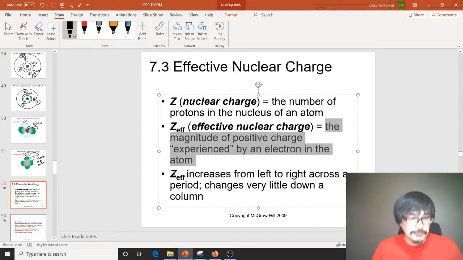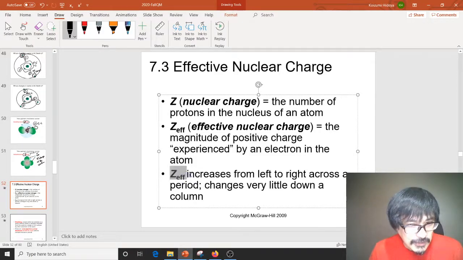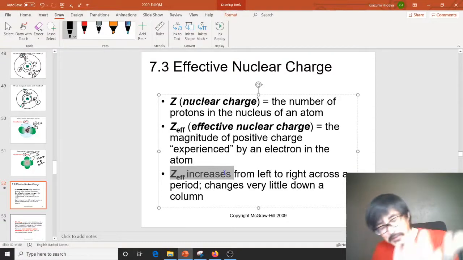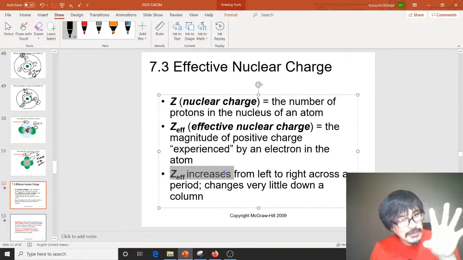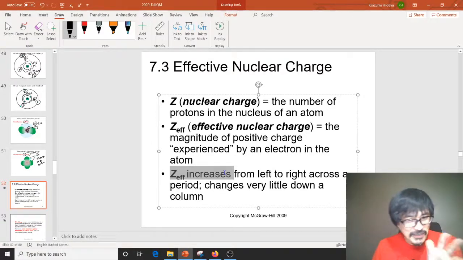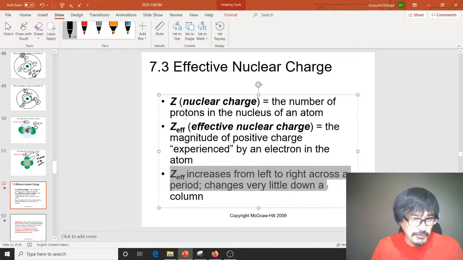And as Z effective increases, the size of the atom decreases.